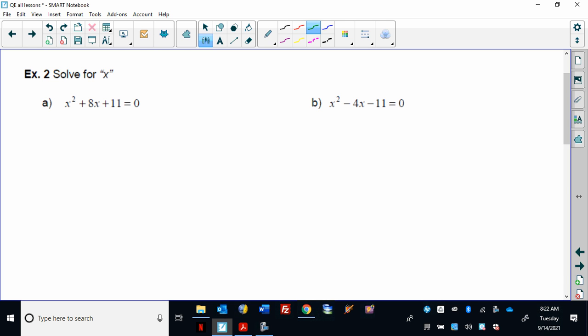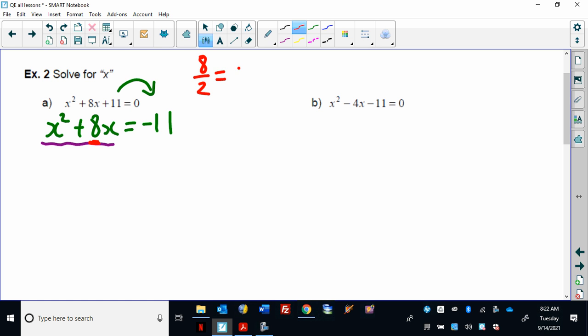Here we go. First thing, get the constant over to the other side. X squared plus 8x equals negative 11. Step 2, turn this part into a perfect square trinomial by taking the coefficient of x, dividing it by 2 equals 4, and squaring the answer. 4 squared equals 16.